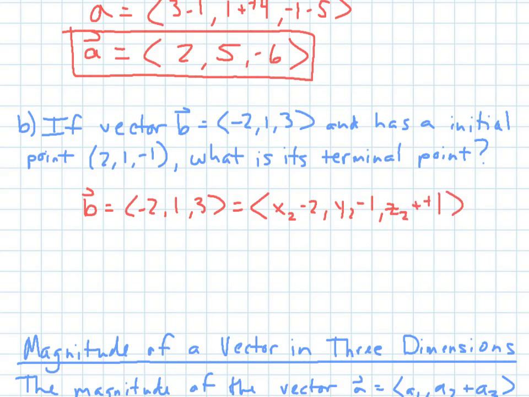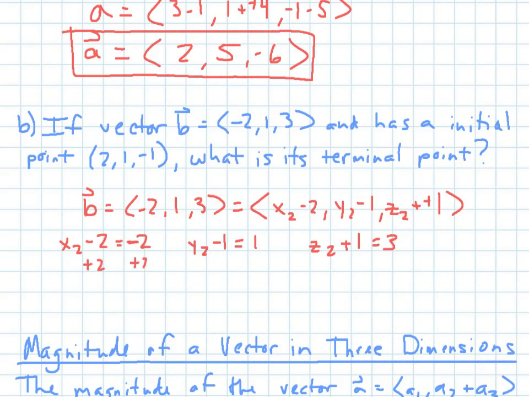Now you can set up equations to solve for these. So x sub 2 minus 2 equals negative 2. Y sub 2 minus 1 equals 1. Z sub 2 plus 1 equals 3. And we can solve.